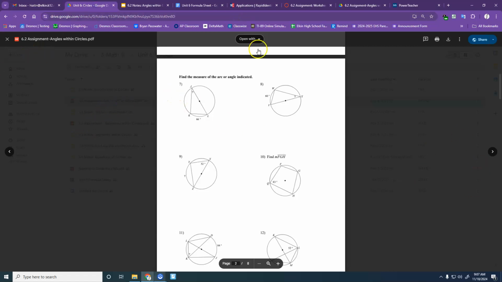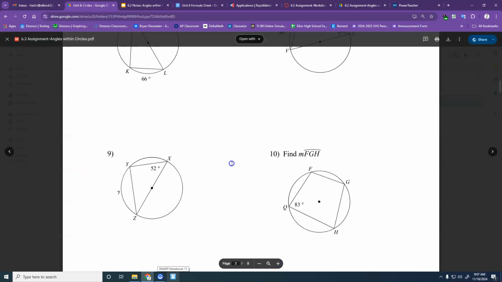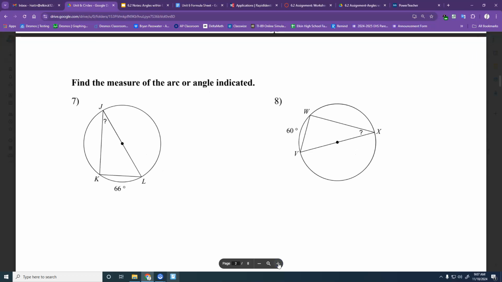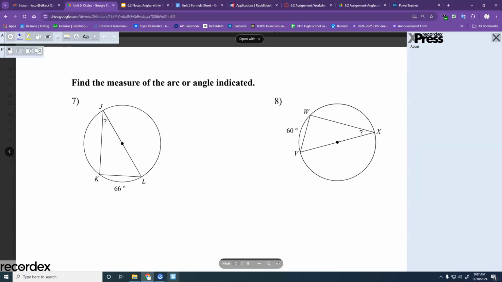Okay. Let me zoom in here. Okay, so these first couple were a little tricky because they're different than the examples from the beginning. This gives you the arc, okay?